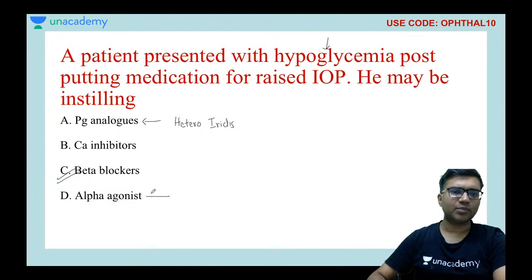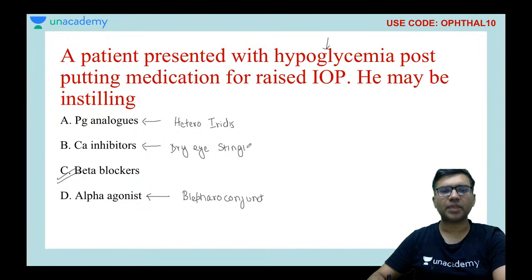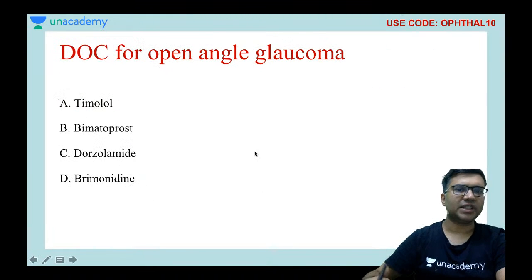Alpha agonist is more commonly associated with blepharoconjunctivitis, and carbonic anhydrase inhibitors can cause dry eyes and stinging sensation. Okay, I'm talking about the topical medications. Okay, let's move to the next question.